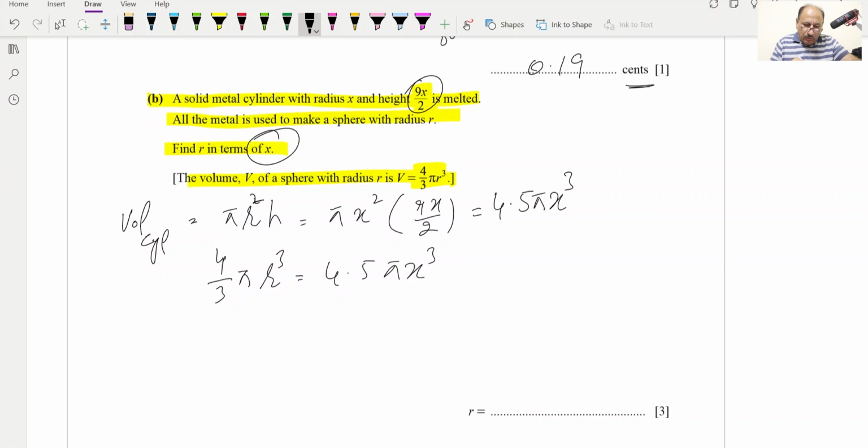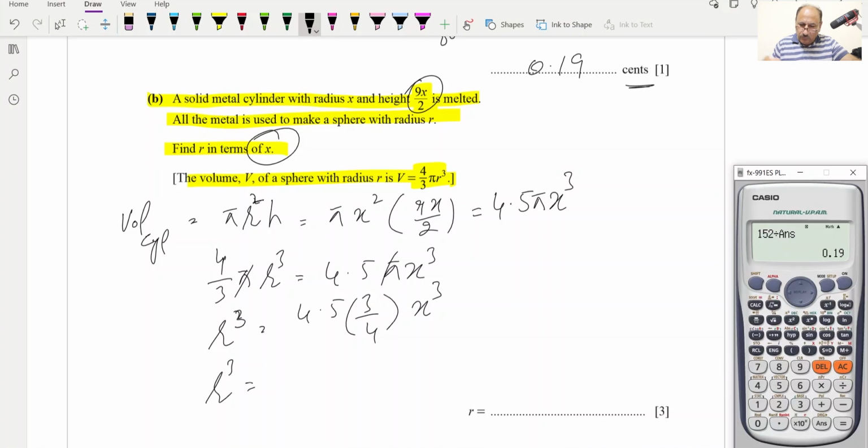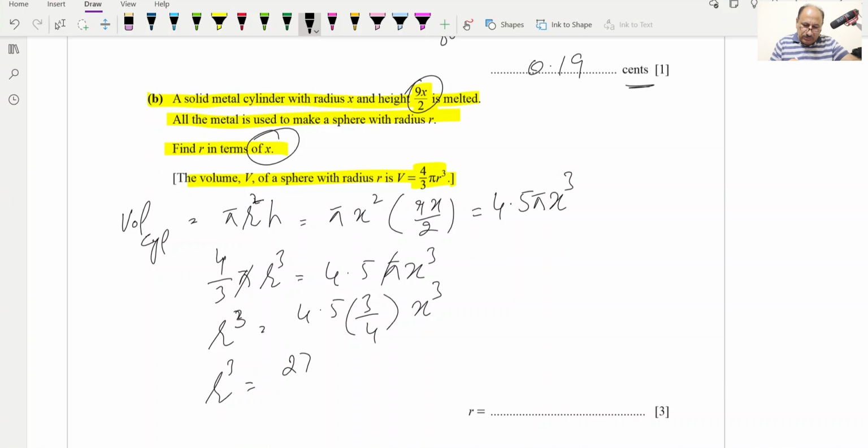So r value, r cube, we can check, r cube is equal to 4.5 into 3 by 4 when we shift from this side to this side, and pi will be cancelled from both sides, and x cubed. So this will be what? This will be r cubed is equal to 4.5 multiplied by 3 over 4, and this will be 27 by 8, 27 by 8 x cubed.